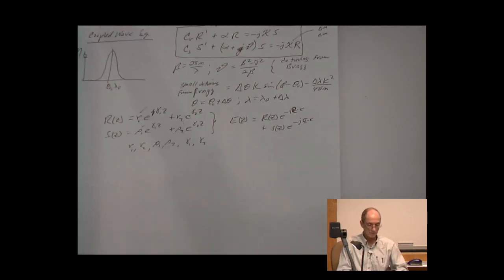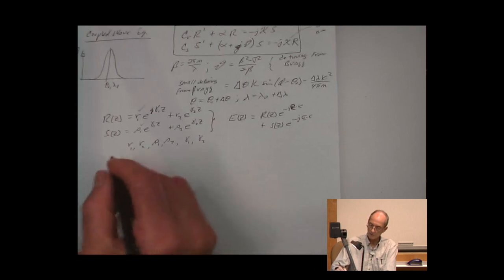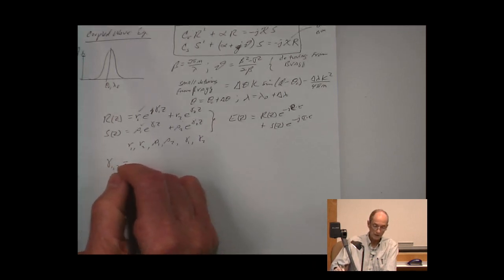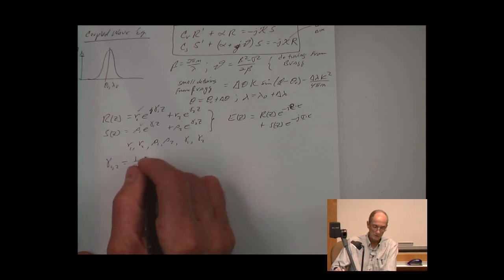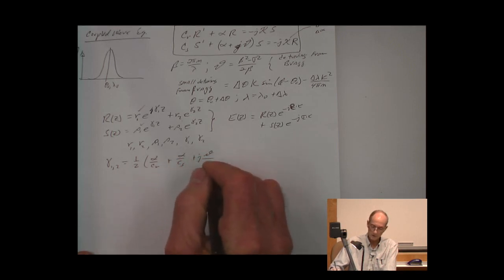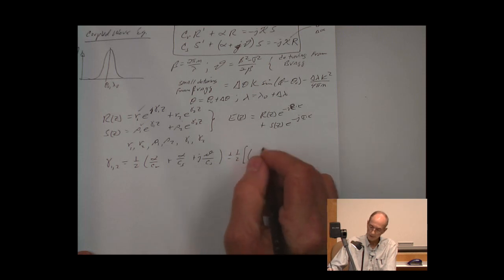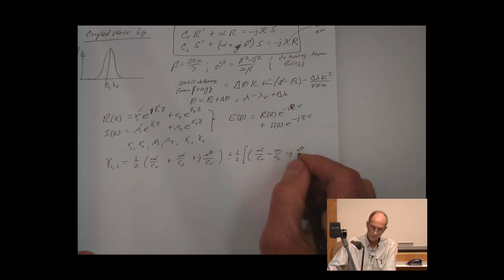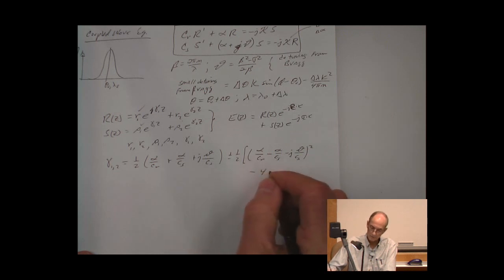We saw that by manipulating these two equations here, we can get the values for gamma 1 and gamma 2 in terms of the parameters for the material, the hologram, and the material associated with that hologram, which is 1/2 times alpha over C_R plus alpha over C_S plus j times the detuning parameter over C_S, plus or minus 1/2 times alpha over C_R minus alpha over C_S minus j times the detuning parameter over C_S, that quantity squared, minus 4 times kappa squared over C_R C_S.